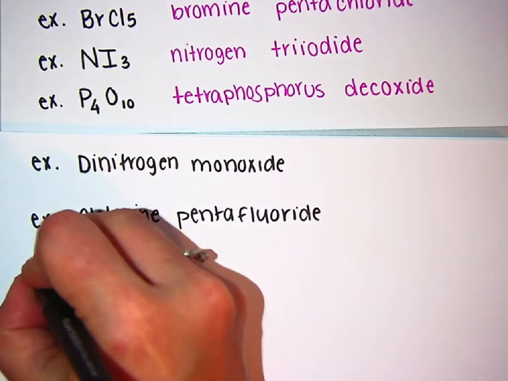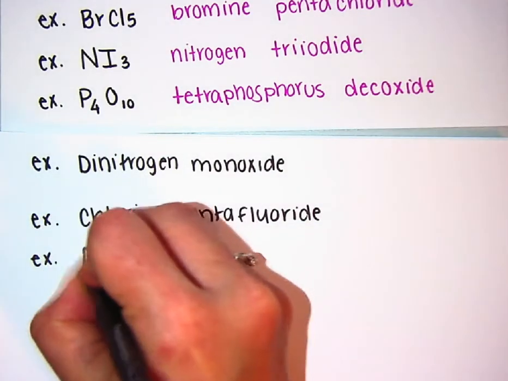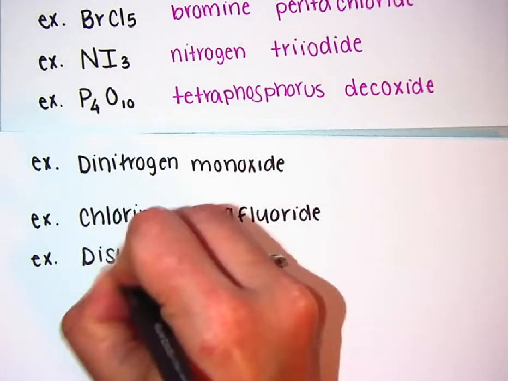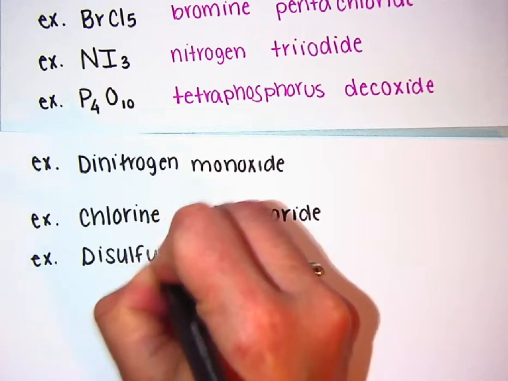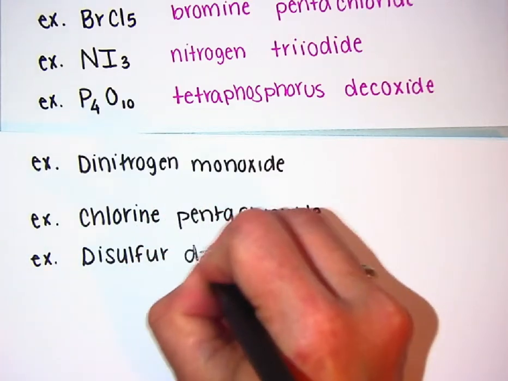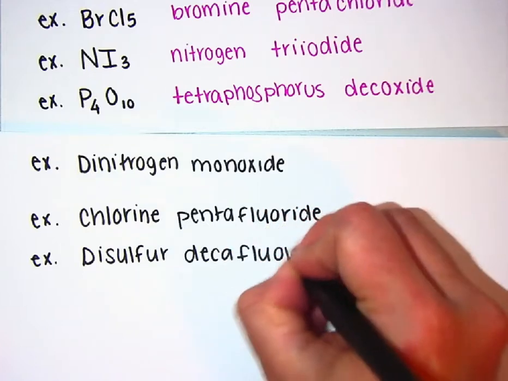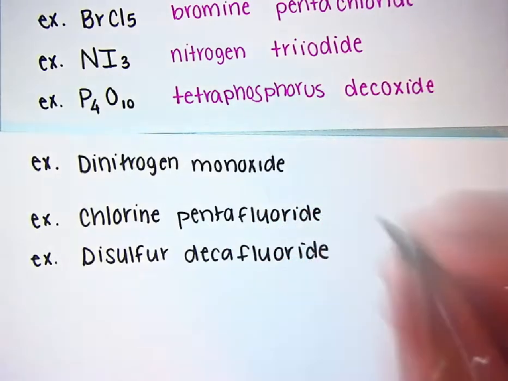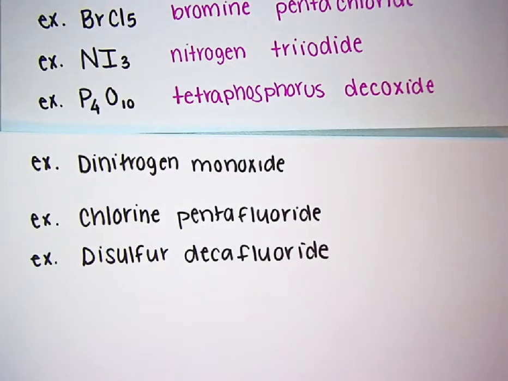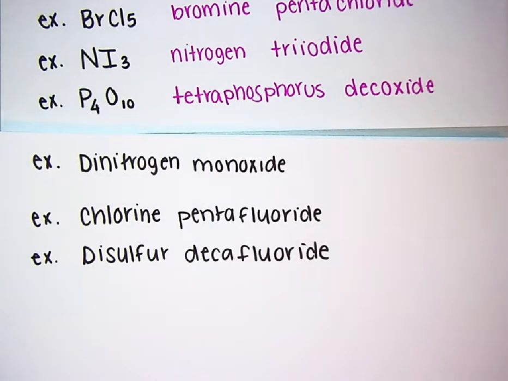And let's do disulfur decafluoride. Again, these should be pretty easy, but pause the video, try these 3 on your own. When you're ready, unpause, come back, and see how you did.